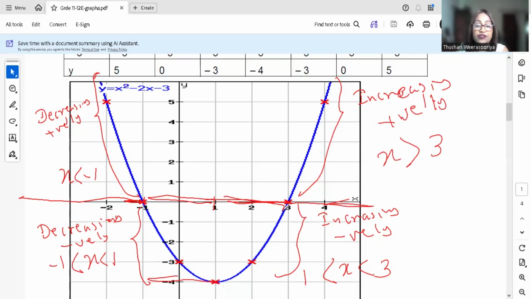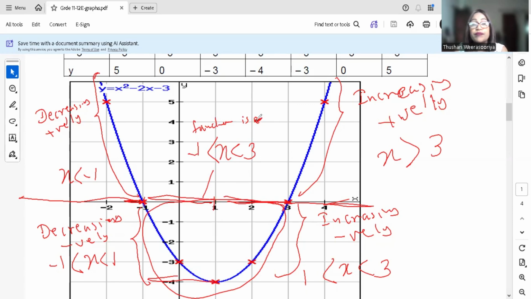Now what is this range actually? This is called, the function is negative. What is the range? X is less than 3 and greater than minus 1. The function is negative.